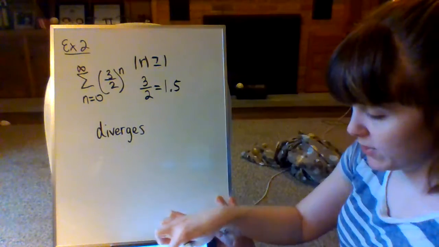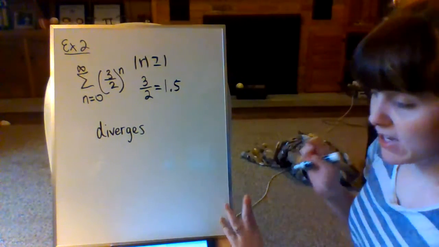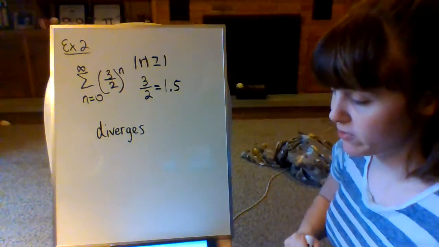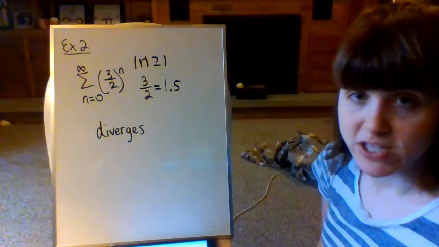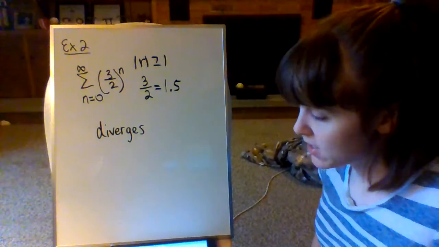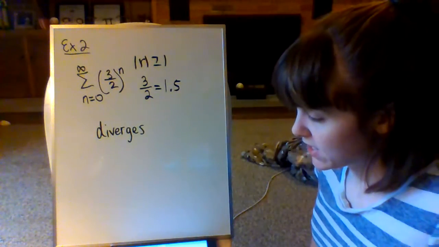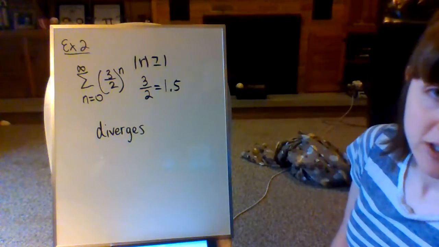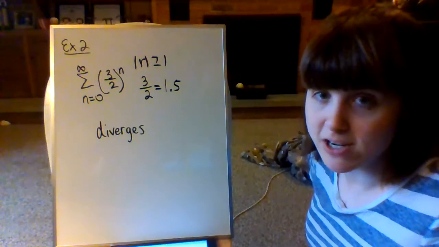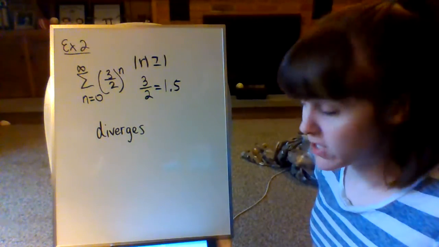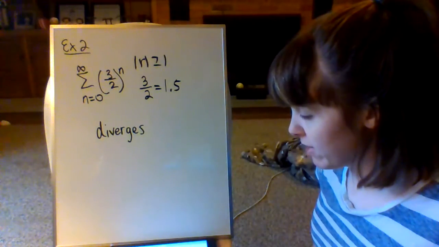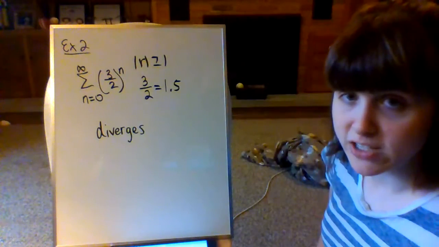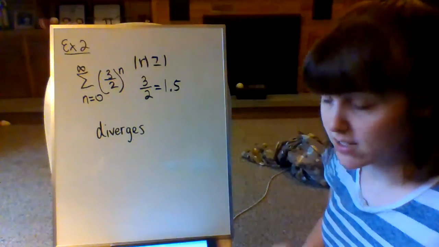Okay, so what your homework is going to be for today, if you open the doc that's the notes, it's at the bottom of the notes, and I put some instructions there, and I'm going to read them to you. Determine if the series converges or diverges. If it converges, meaning the absolute value of r is between 0 and 1, then you have to do the formula a divided by 1 minus r to determine what it converges to, and you're going to round your answer to the nearest tenth. That's important there.